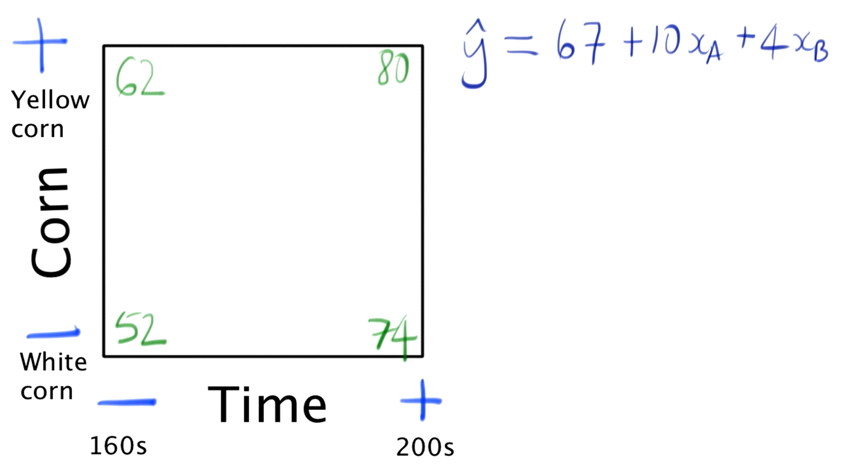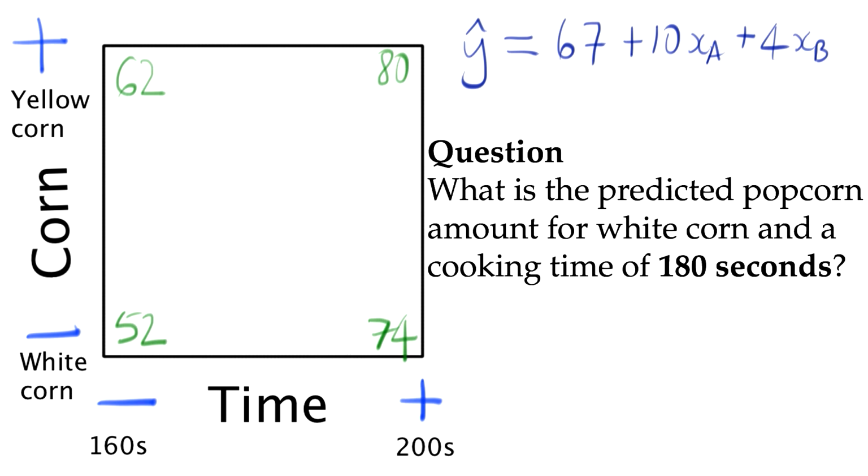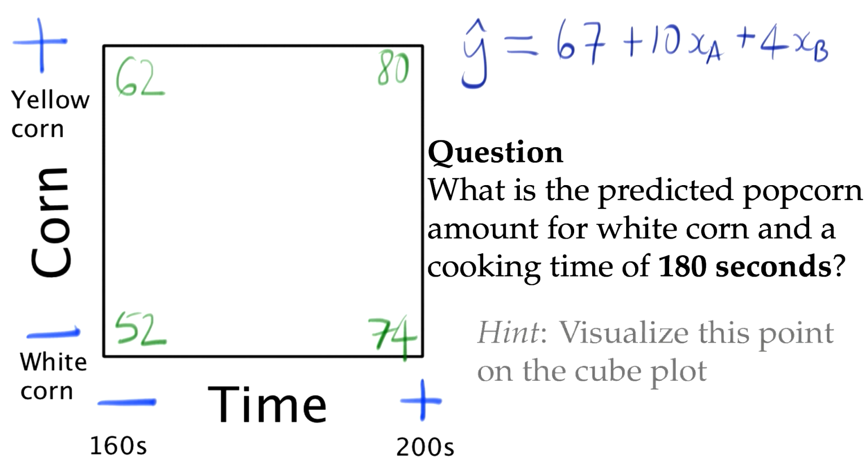A final question. What is your prediction for white corn and a cooking time of 180 seconds? Feel free to pause the video and review the previous part. The prediction is made here with XA equal to 0. That's our coding for 180 seconds. We showed in the previous part that 180 seconds is midway between 160 and 200, and so the coded value for XA is also halfway between -1 and +1, in other words 0.